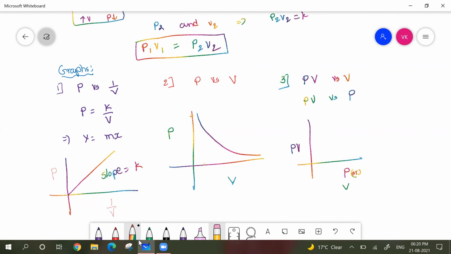I'm explaining in one graph, and you can plot separately. PV value will always remain constant, even if you increase the pressure or volume, because if you increase the pressure, volume decreases, and if you increase the volume, pressure decreases. Overall, the graph will remain constant, parallel to the x-axis, whatever value you take. Okay, students, so that's one more graph.